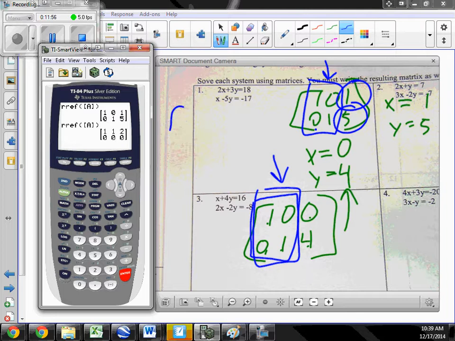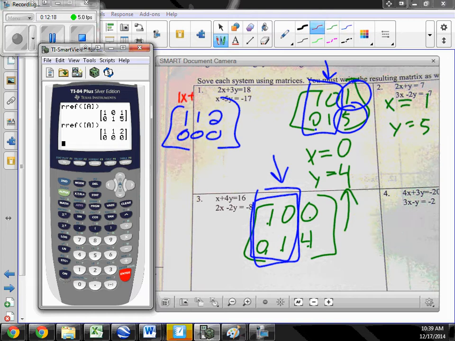So I'm going to write that down, 1, 1, 2, 0, 0, 0. Is that the pattern that I found in the other 3 problems? No. So if you don't see the pattern, that should tell you it's either infinite or no solution. We just need to figure out how to tell. Well, if we look at this, the top row is 1x plus 1y equals 2. Okay, that's just the graph of a line.